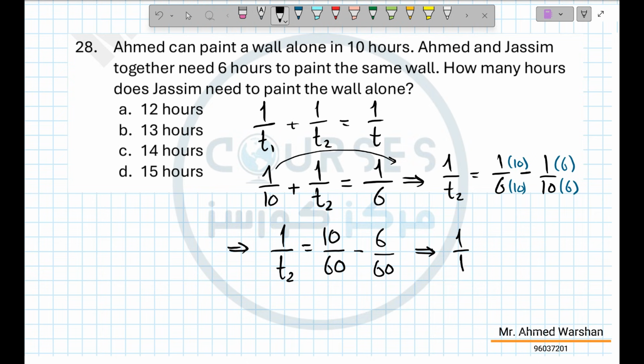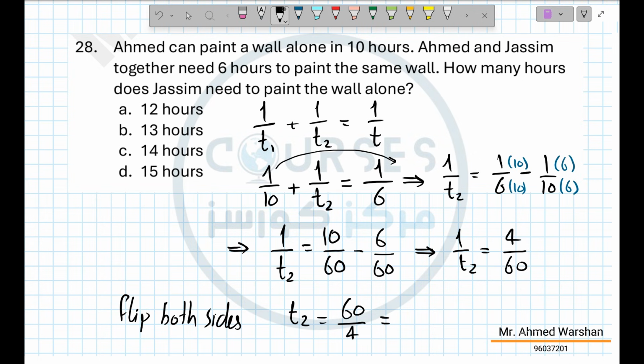So 1 over T2 equals 4 over 60. Now cross multiply or flip both sides. I like to do that. Flip both sides, and you will end up with T2 equals 60 over 4, which is 15 hours.